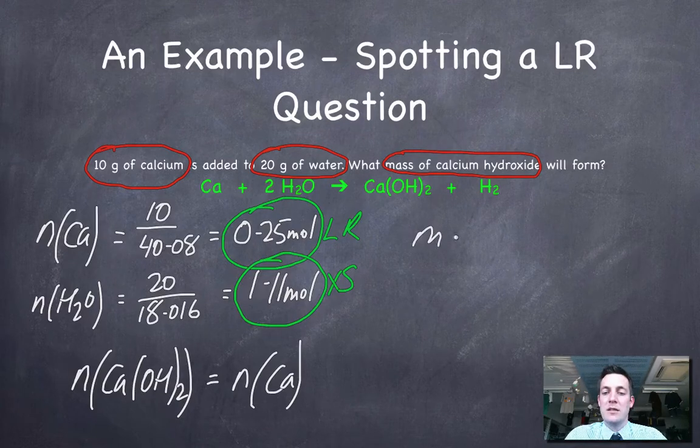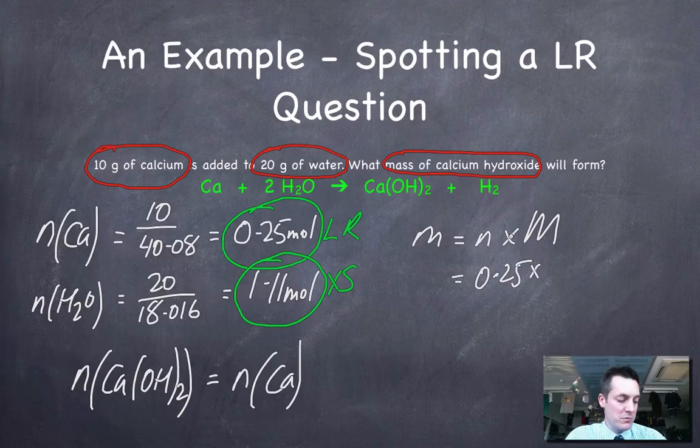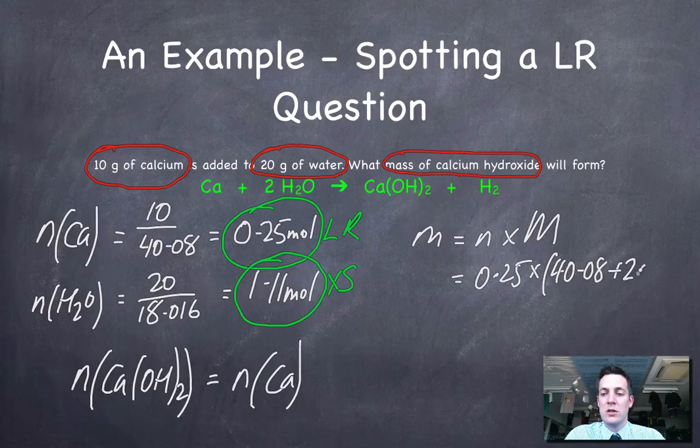And the mass is equal to the number of moles times the molar mass, which in this case is equal to 0.25 multiplied by the molar mass of calcium hydroxide. I didn't actually write that down, but I put the working down, so that's 40.08 for calcium, and 2 times O plus H, so 2 times 17.1.